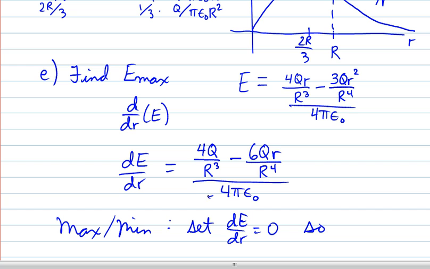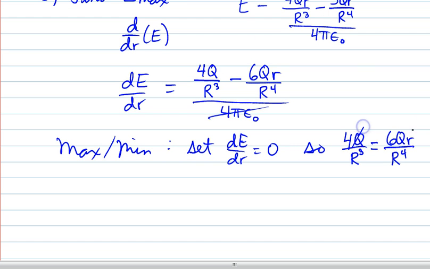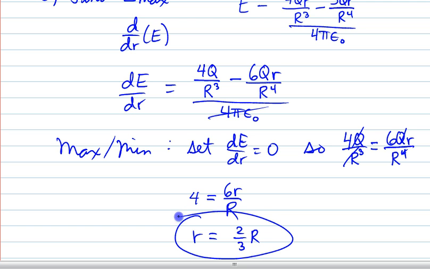So the 4 pi epsilon naught is not a worry, and we have 4q over big R cubed equal to 6q little r over R to the fourth. With some massive cancellation, we get 4 equal to 6r over big R, and this gives us that the maximum is when little r is equal to 2/3 big R.